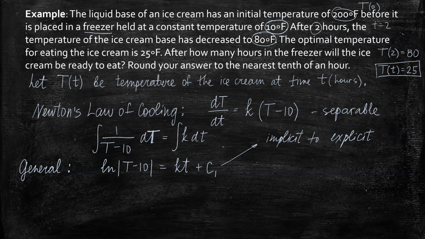And to do that, we're going to exponentiate both sides. So I'm going to do it quicker this time. We're going to have e to the power kt, and we can put the C1 here. But that C1 there will eventually become C2 here.